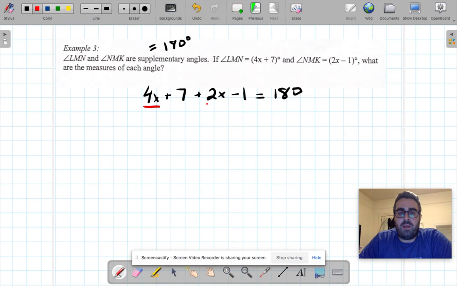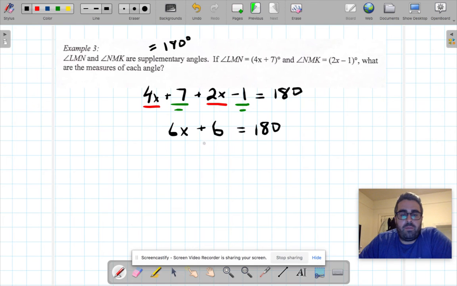So I combine like terms. In this case, there are two sets of like terms. 4x plus 2x, which is 6x. And 7 and negative 1, which combines to positive 6. 7 minus 1 is 6. I'm going to continue to solve using inverse operations. So I'm going to subtract 6 from both sides to isolate my variable term.